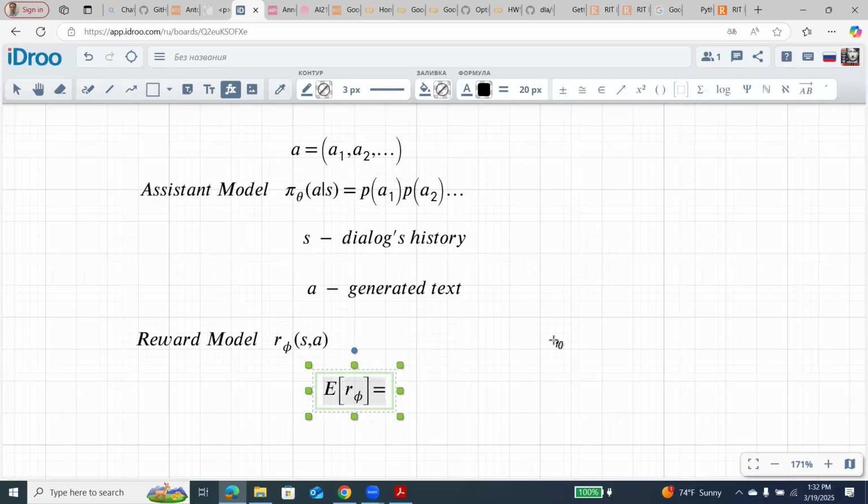So how to calculate this expected value? If we think about the joint probability on A and S, the joint probability will be a product. So the probability of both A and S will be the product of the conditional probability times the probability of S. And the conditional probability we actually have from our language model.